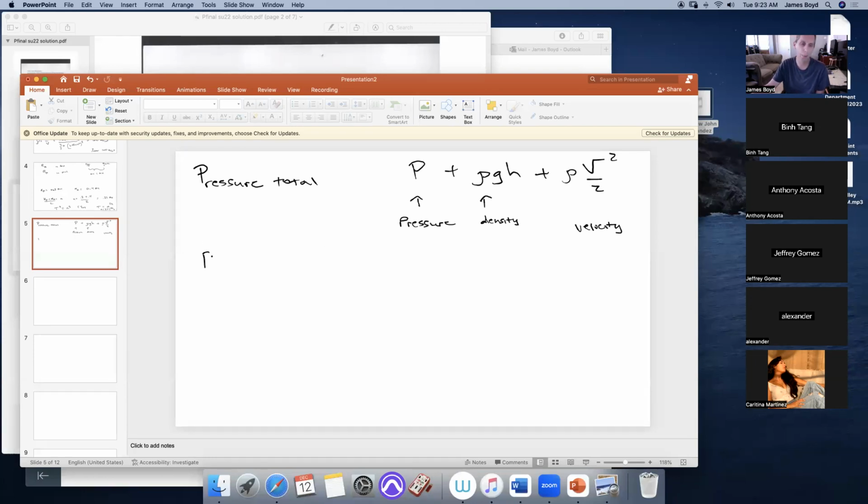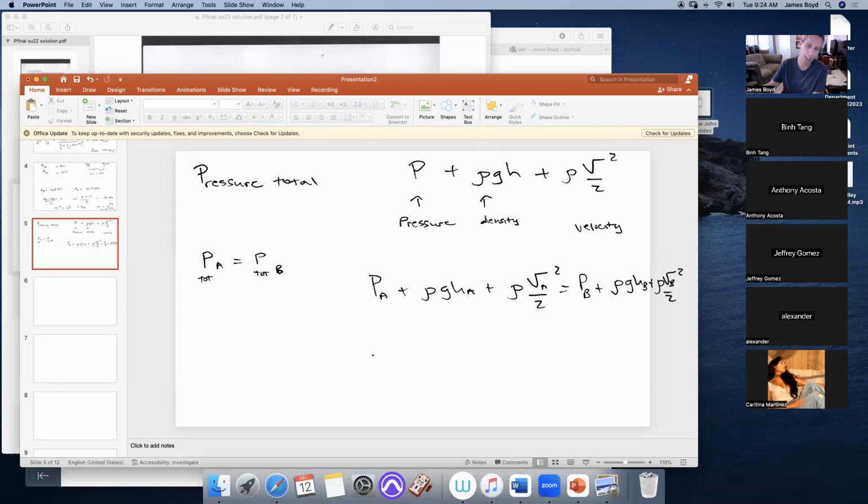Bernoulli's tells us that the total pressure at any point is equal to the total pressure at B. So we can choose 2 points, and we can write that the pressure at A plus the density times g times the height at A plus one half the density times the velocity squared at A is equal to the static pressure, the density, the height at B, plus the velocity squared at B.